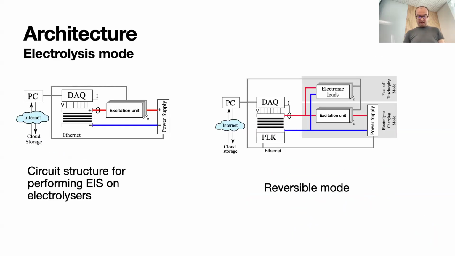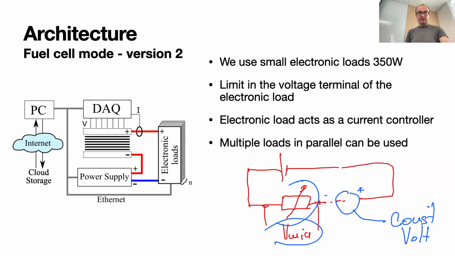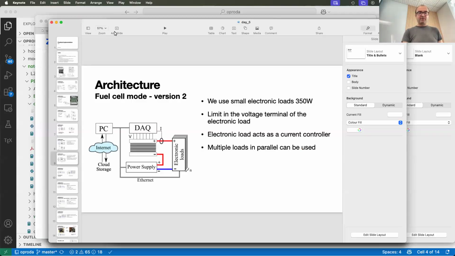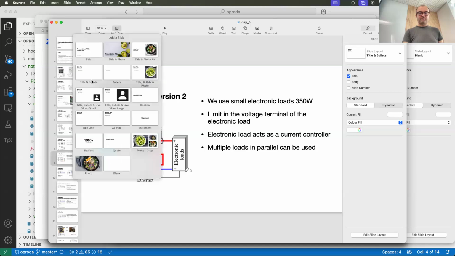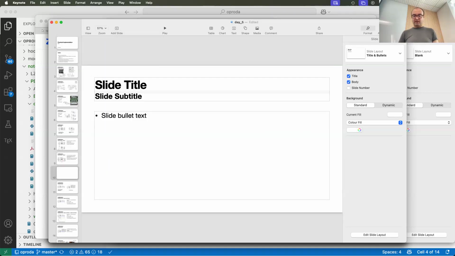Let me make one extra slide, because this is quite an important thing. Okay, so there are options. You have to be really careful how you do the circuit architecture. So this is the fuel cell.